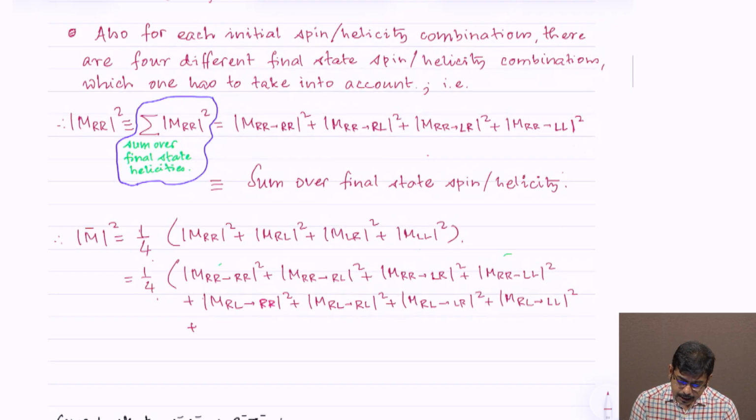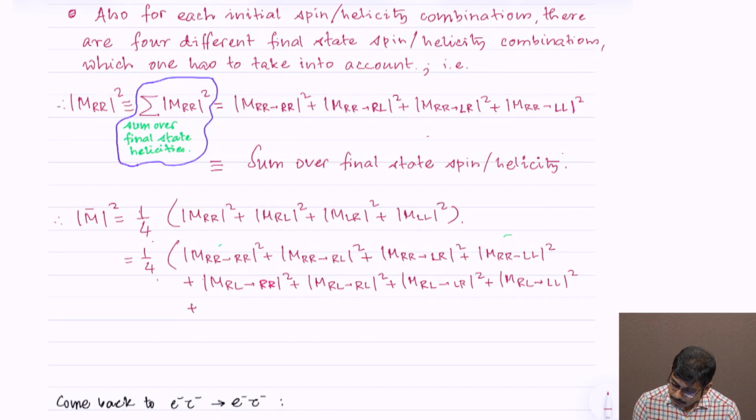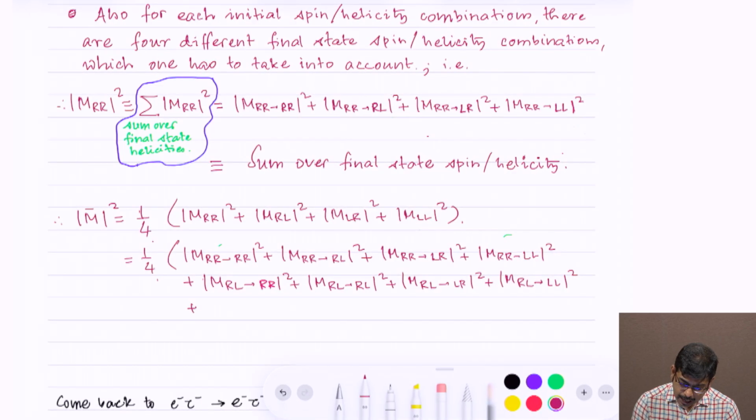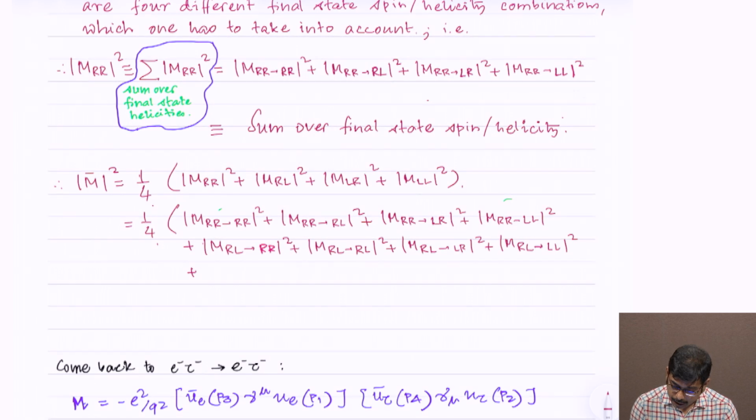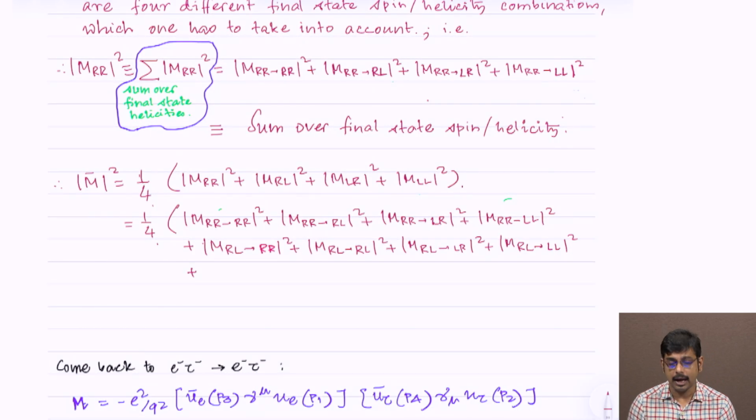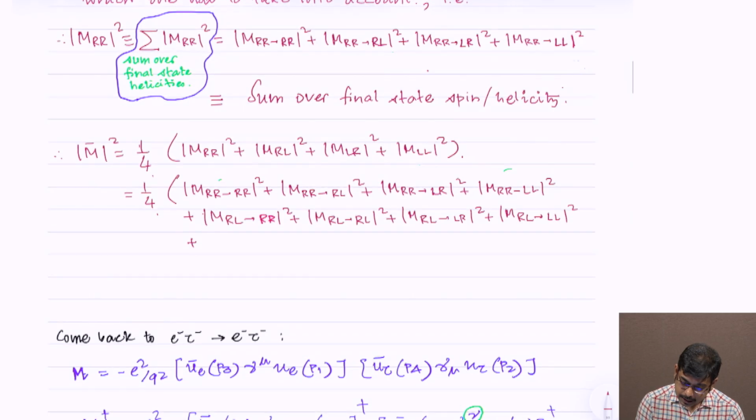When we say M_RR square, that means M_RR to RR square plus M_RR to RL square plus M_RR to LR square plus M_RR to LL square. Similarly, mod of M_RL square is RL to RR square, RL to RL square, RL to LR square, and RL to LL.